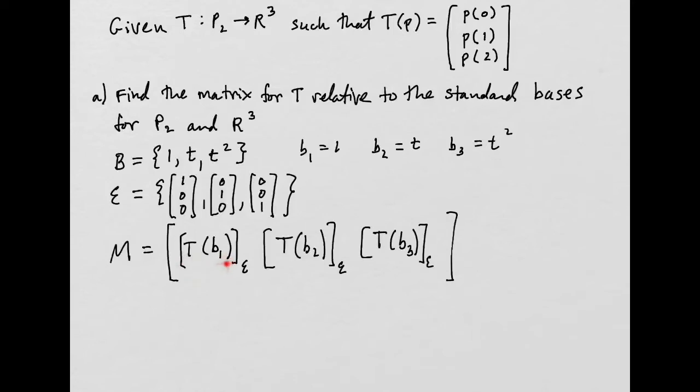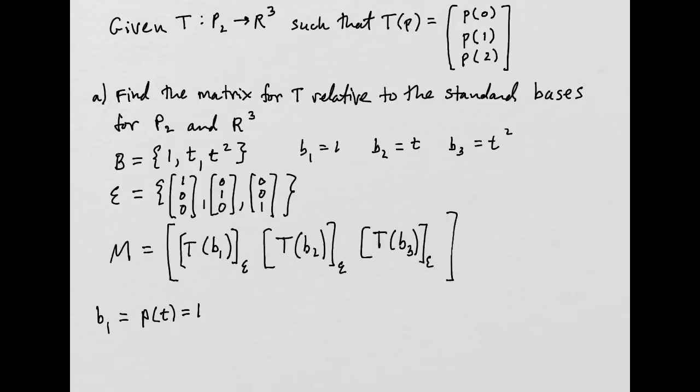We'll figure out T of b1 first. So remember, here's b1. It's just 1. Now I'm going to think of b1 as a polynomial here because it's in P2, so it is a polynomial. I'll call it p of t, say. And it's so easy, it's hard. It's a constant polynomial.